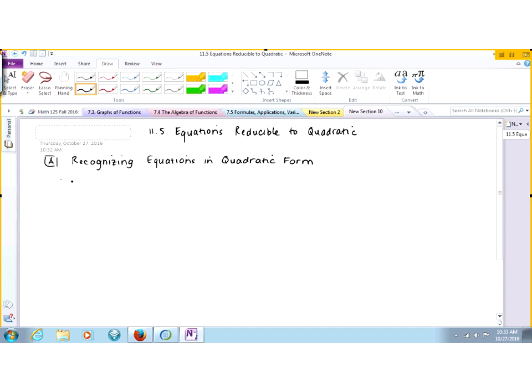Now, let's see. If we have this equation, for example, x to the 4 minus 12x squared plus 27 is equal to 0. Did we ever learn how to solve this?